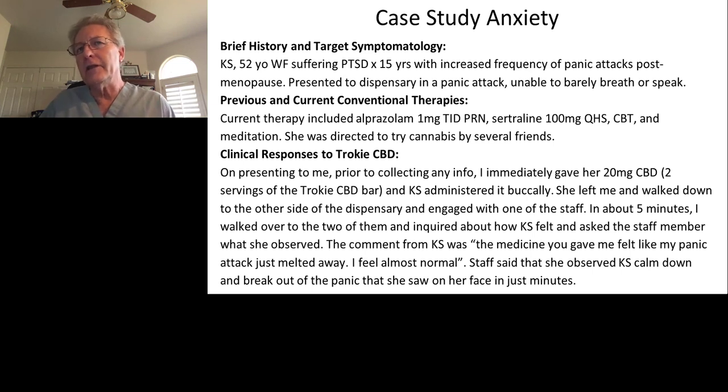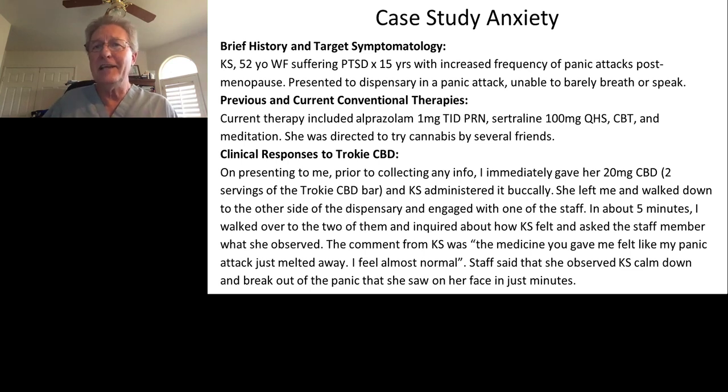So her current therapy that she was on was alprazolam, a benzodiazepine taken 1 milligram 3 times a day as needed, sertraline, which is an SSRI, 100 milligrams QHS, and she was having cognitive behavioral therapy and using meditation. She was directed to try cannabis by several friends.